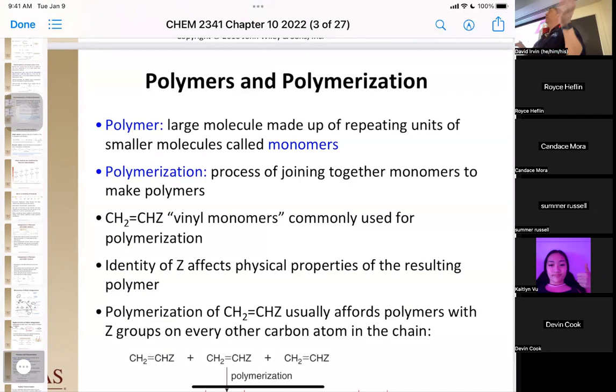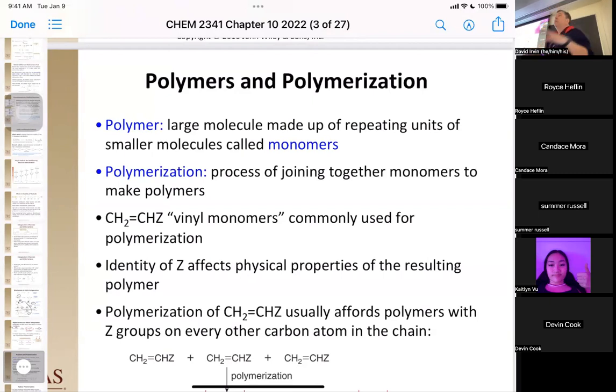If you hooked 1,000 of them together, that one molecule would weigh 100,000 grams per mole. So these get bigger and bigger. There are actually polymers that have 50 million molecular weight, grams per mole per individual thing. So these get very big and very large, and it's a very big part of our chemical industry.